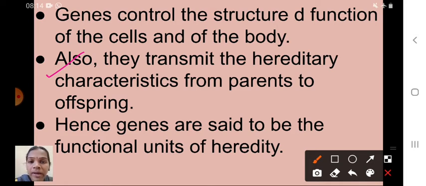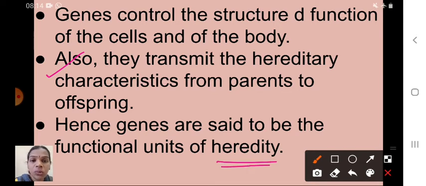That's why if your parents have curly hair, sometimes the child will also get the same thing. That kind of characteristic is transmitted from one generation to the next with the help of what? Yes, genes. That's why genes are said to be the functional units of heredity.